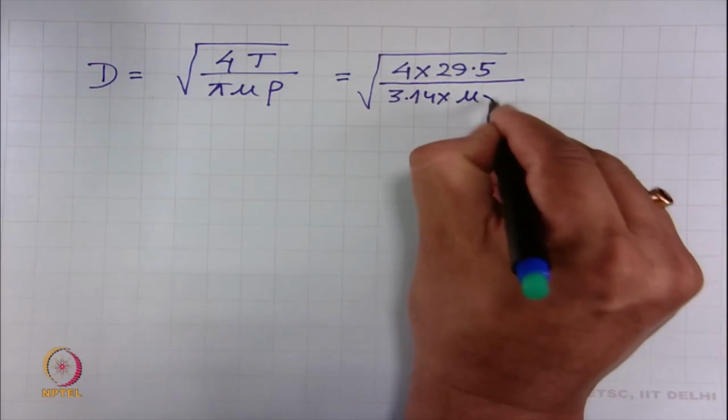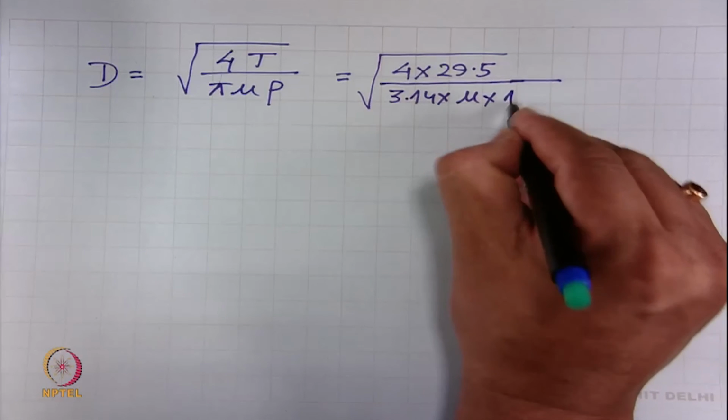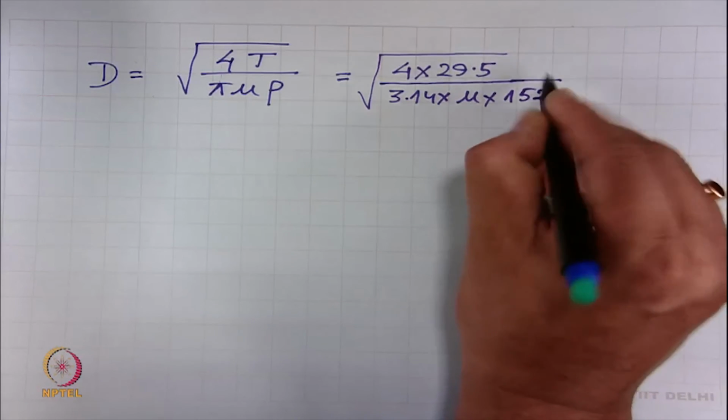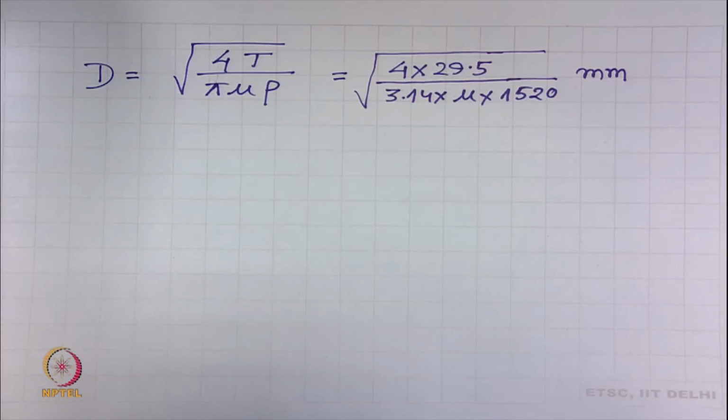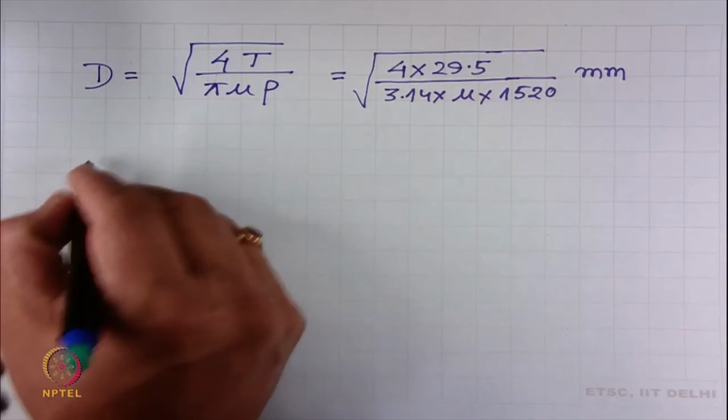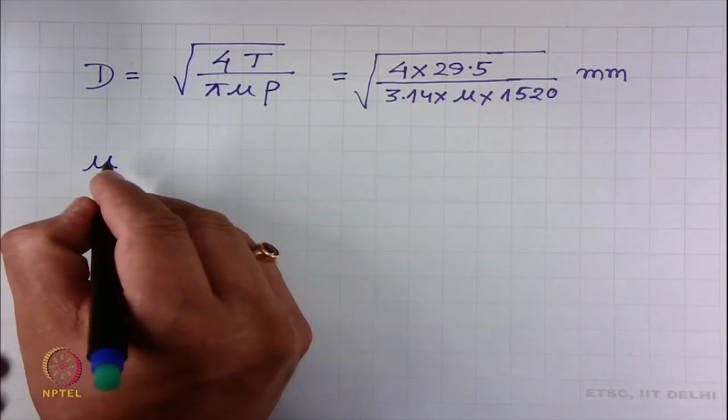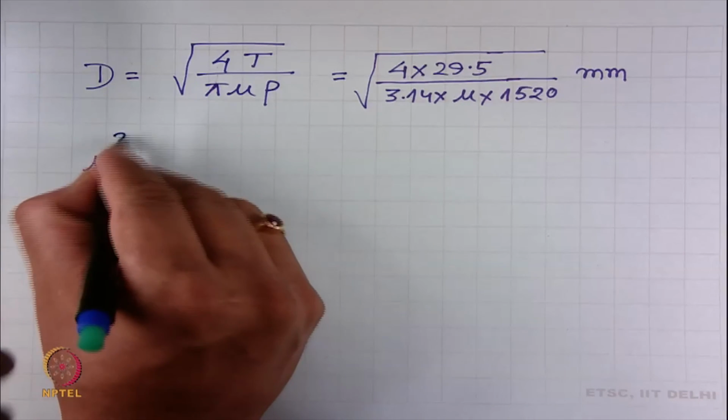Mu is not given, and it is a cotton fiber. So, mu is not given. How will you find out mu? You have to come back to your module 3 in order to find out mu.